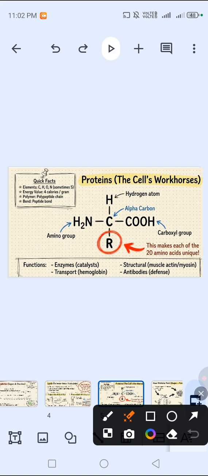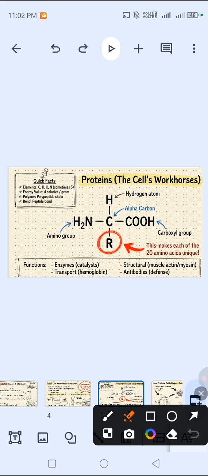So the main functions of proteins: enzymes, okay, act as catalysts. Why? To speed up biological reactions. This is the main thing. Another important function is transport, like hemoglobin, which carries oxygen throughout the body.